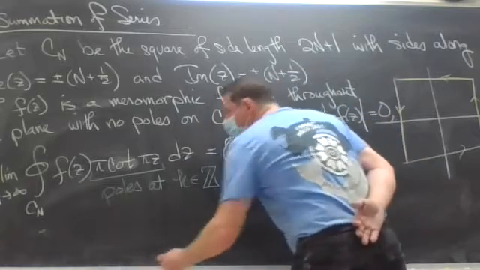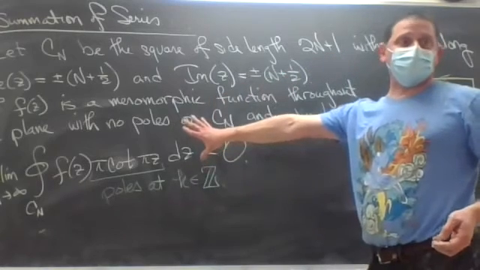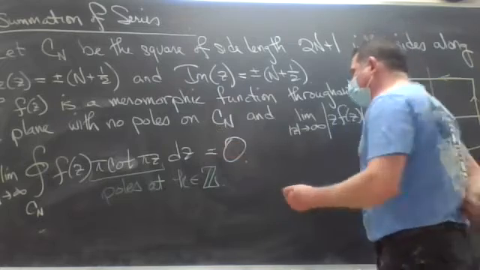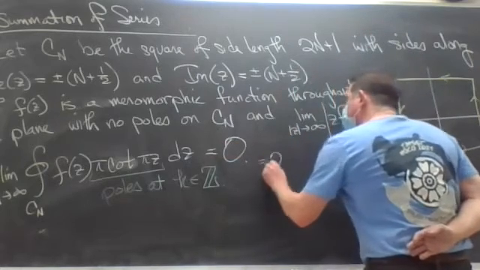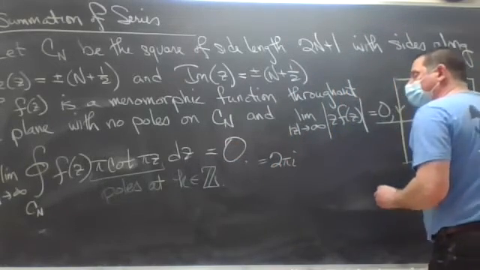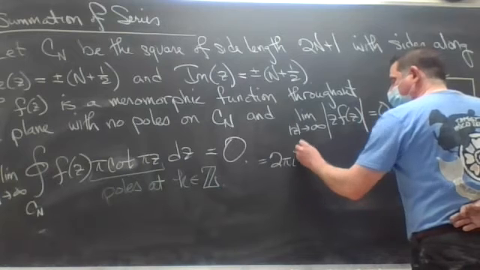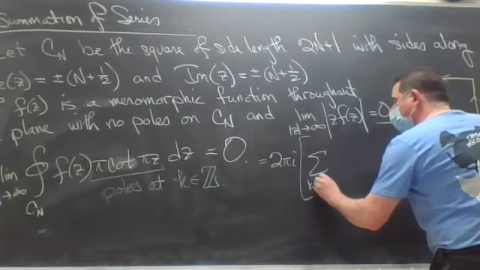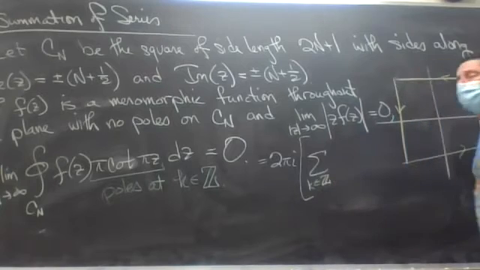And now we can do this integral by residue. Okay? So I could say that this 0 is equal to 2 pi i times the sum of the residues of the integrand.